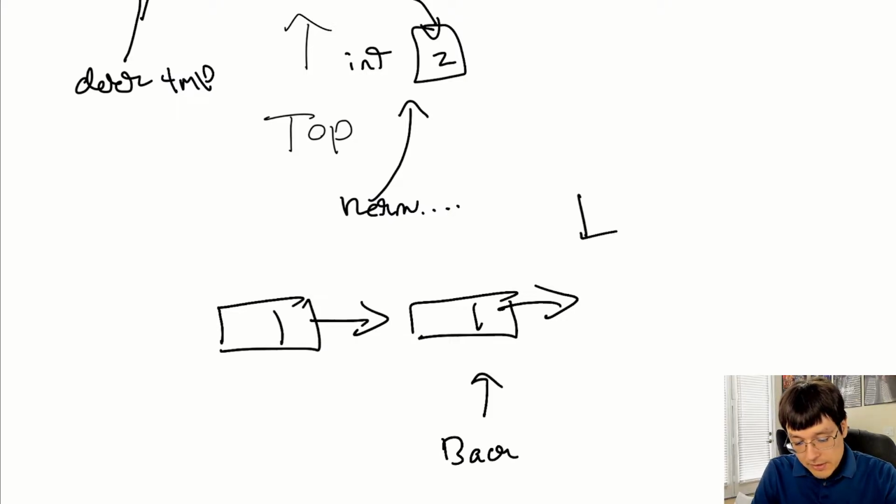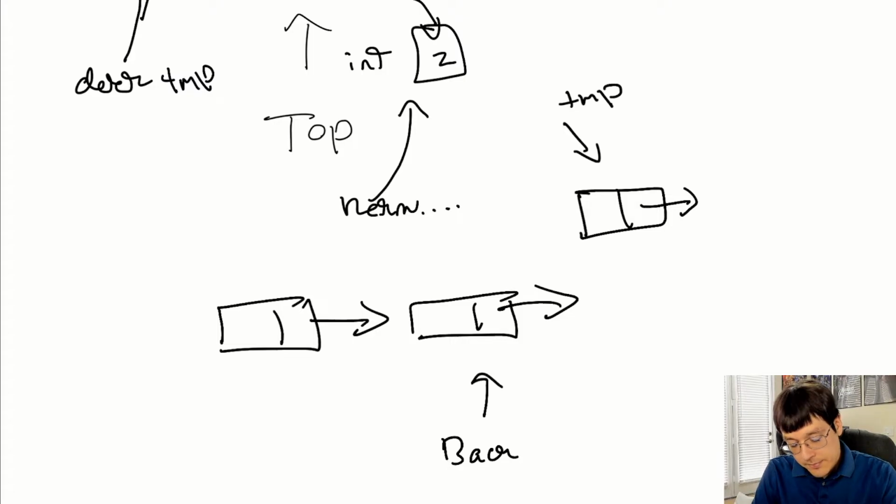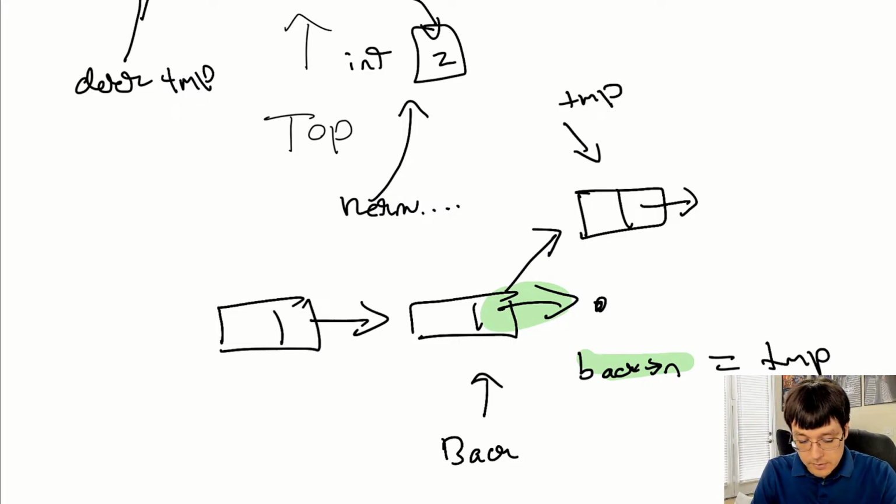So first I make the new node I want to put in, which is being pointed by temp. And so now I'm saying take back next pointer, which is this one. So that's back next. I want to take that, and instead of pointing it to null, which is what it's pointing to right now, I'm going to assign temp there, right?